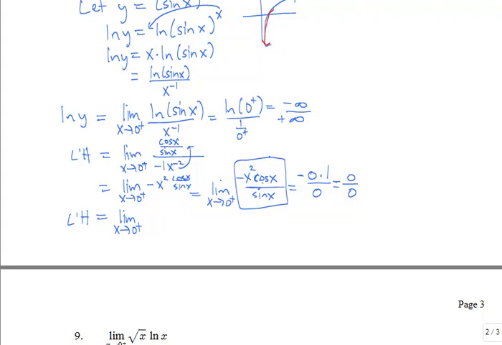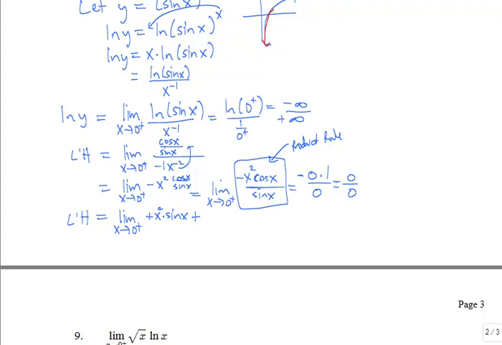Now the top is a product of two things, so you need a product rule on top here. So we're going to do the first function, which is that negative x squared, times the derivative of the second function. Derivative of cosine is minus sine. So that minus is going to cancel out this minus, and we'll just get x squared sine x.